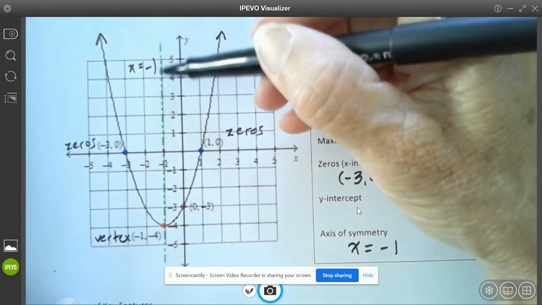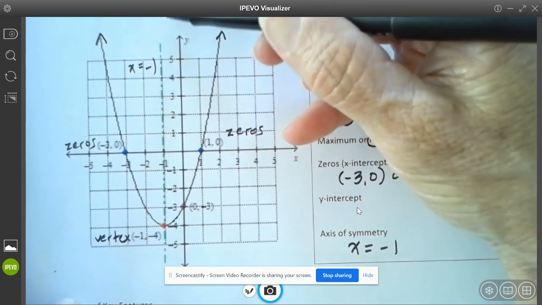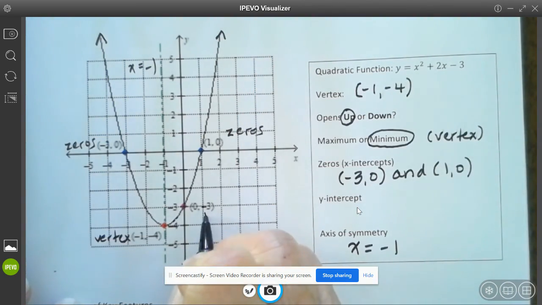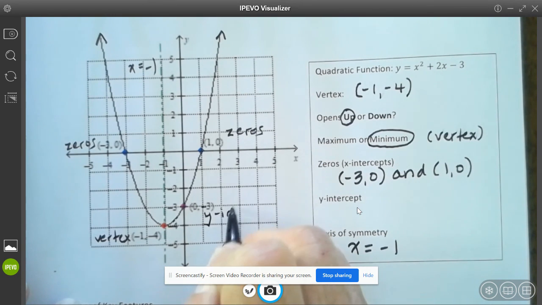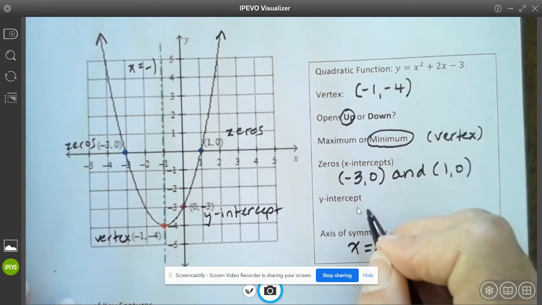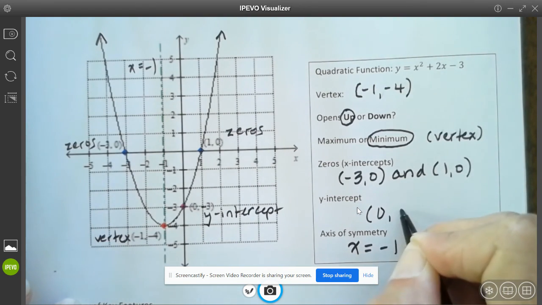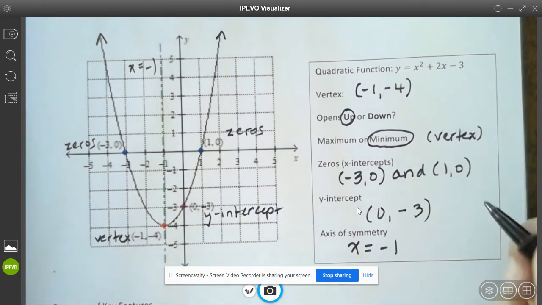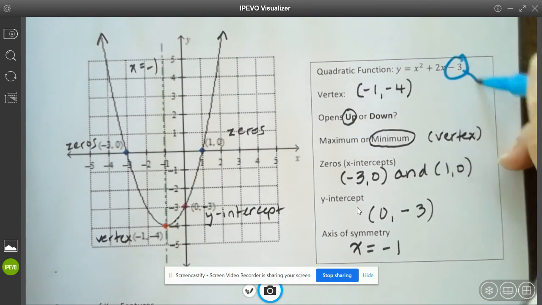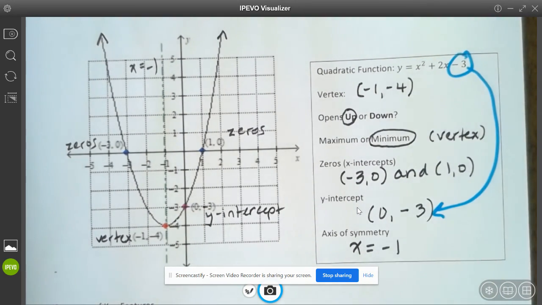That's that imaginary line that goes through and cuts the graph in half, and it goes through the vertex. This is the y-intercept. The y-intercept is where the parabola crosses the y-axis, and therefore the x value is always 0. And remember, the standard form of the equation also tells us that.